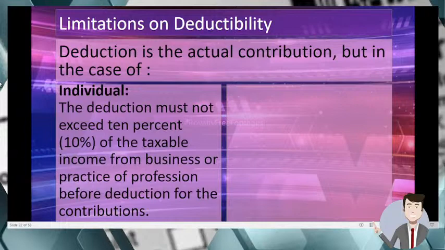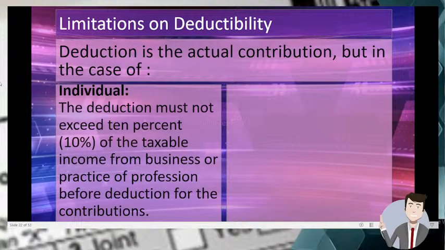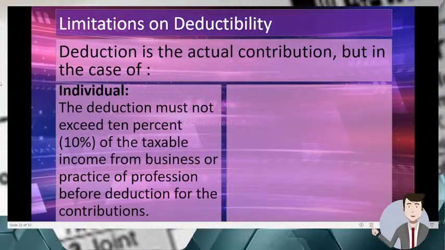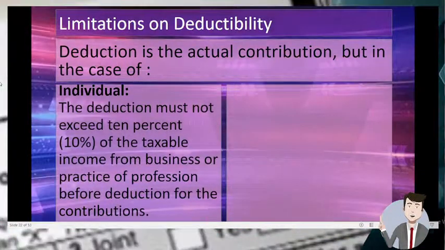And these are the limitations on that second type of contribution. Okay, for an individual, the deduction must not exceed 10% of the taxable income of the business or practice of profession before deduction of contribution.